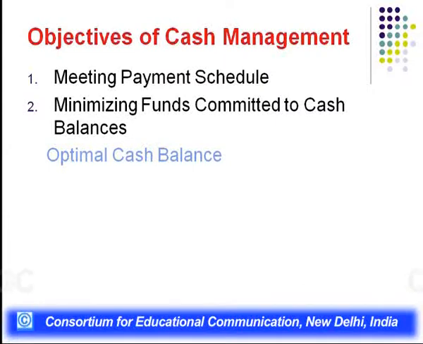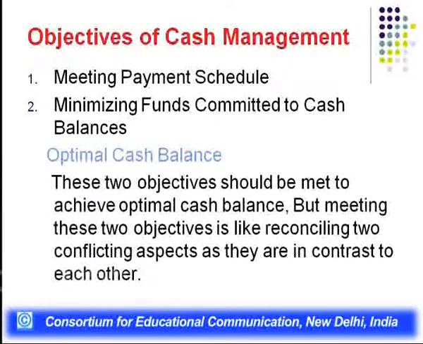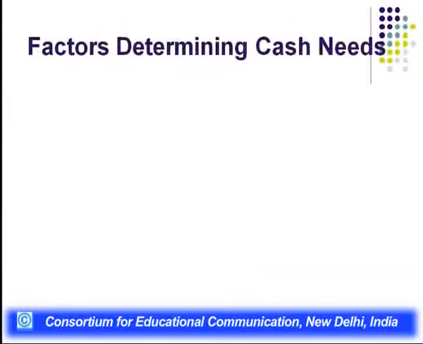So the objectives of cash management are 2: meeting the payment schedule and minimizing funds committed in the cash balance. The final aim is an optimum cash balance, so we have to reach a point where we are able to make a trade-off between the 2.